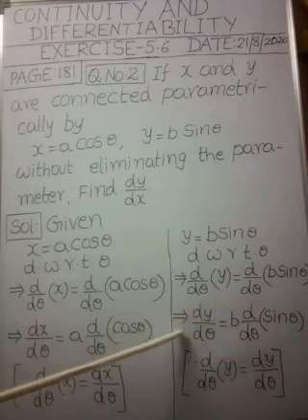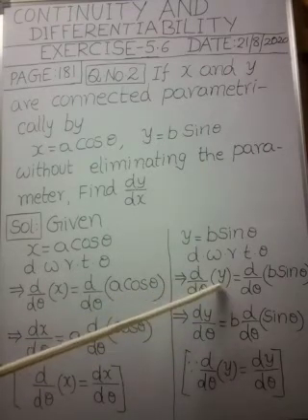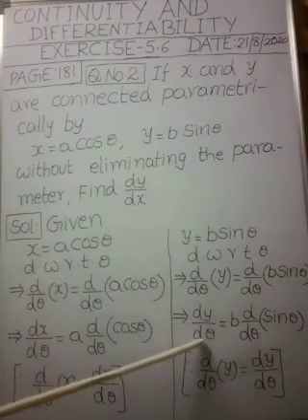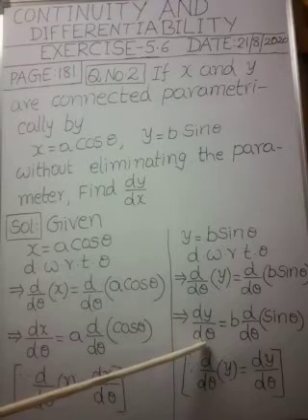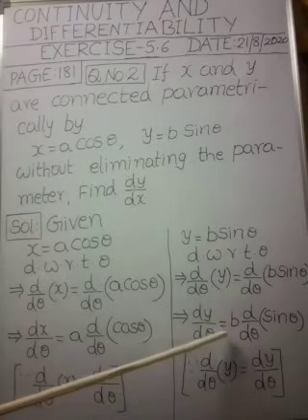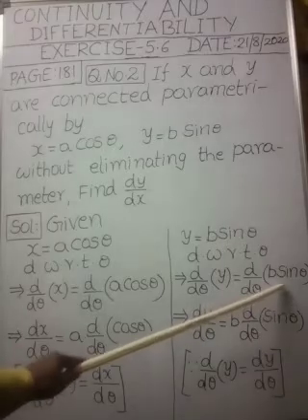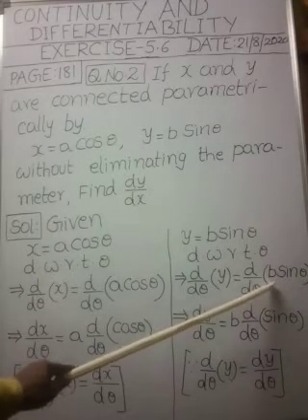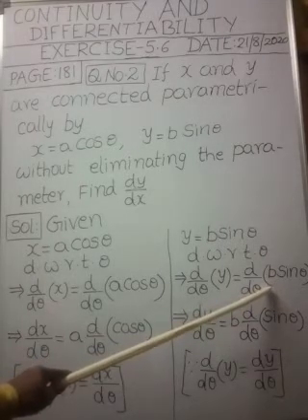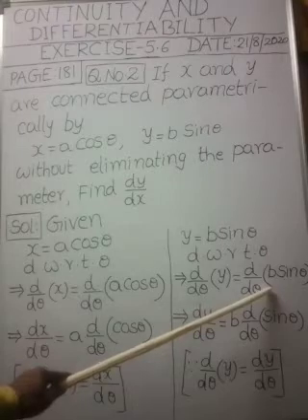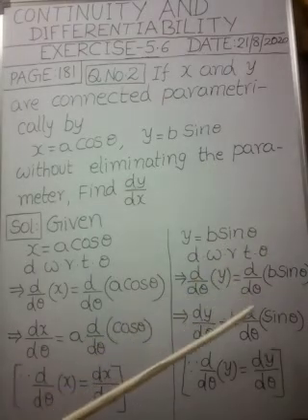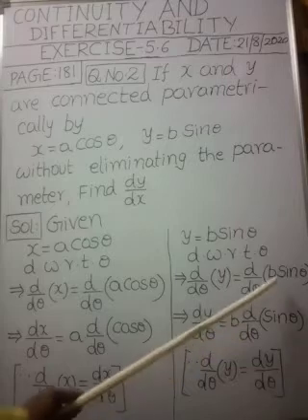This implies d by d theta of y is equal to dy by d theta only. Understood this LHS part? Is equal to, if you observe this function, here b is a numerical coefficient, an arbitrary constant. So we can write it before the differential operator; we can take it out.